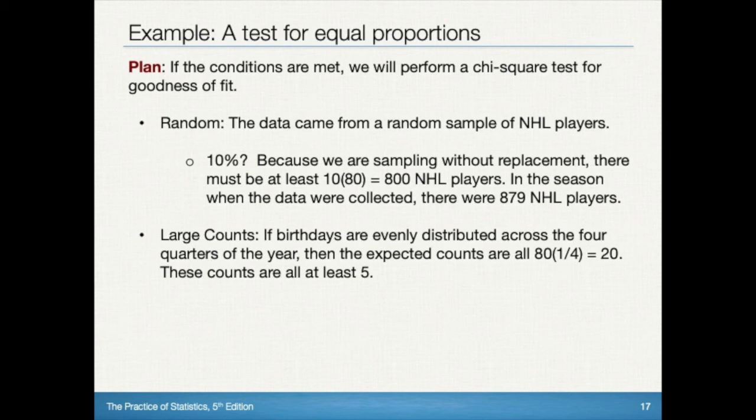When it comes to large counts, you would have to calculate each of the expected values. Well, we had 80 observed NHL players, and if 0.25 is the proportion for each of the 4 quarters, then our expected counts for each of those quarters is going to be 20, which is certainly a value larger than 5, so we've satisfied the large count. So we have satisfied the conditions that allow us to perform the chi-squared goodness of fit test.